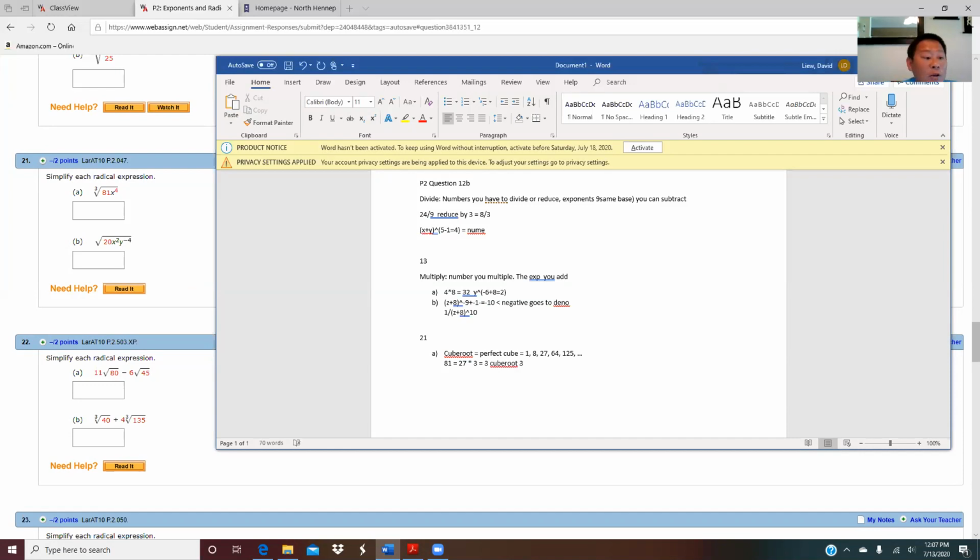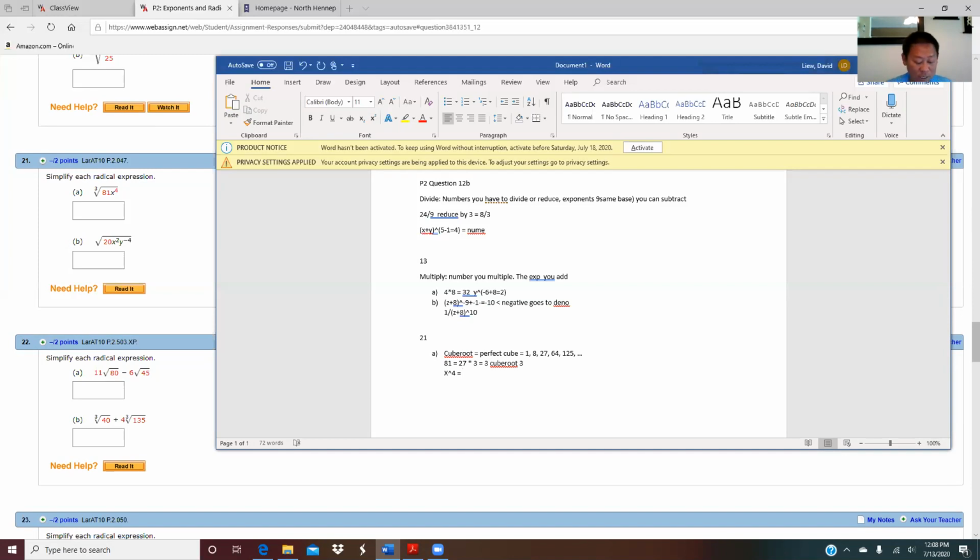Okay, and then look at the variables. For the variables, you have x to the power of 4. So how do we do variables? In this case, we want to figure out the smallest perfect cube, which will be x cubed.